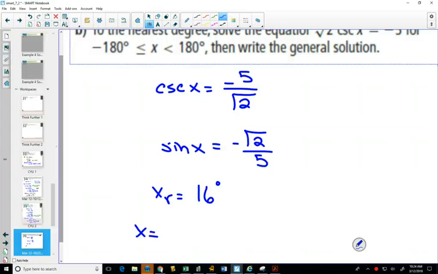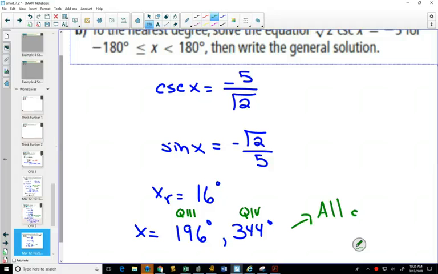Sine is negative, so that means it's in quadrant 3 and quadrant 4. If my reference angle is 16 degrees, 180 plus 16 degrees, this is my answer in quadrant 3. And 360 degrees minus 16 degrees, this would be my answer in quadrant 4.